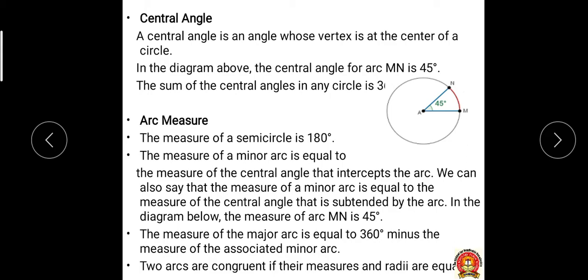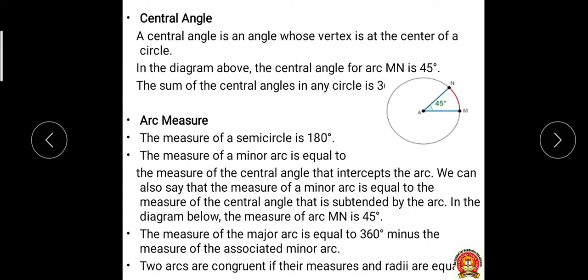The measure of a minor arc is equal to the measure of the central angle that intercepts the arc. Now see, NM is an arc intercepted by the angle NAM, and therefore if angle NAM is 45 degrees, your arc is 45. If the arc is 45 degrees, then the central angle is also 45 degrees.